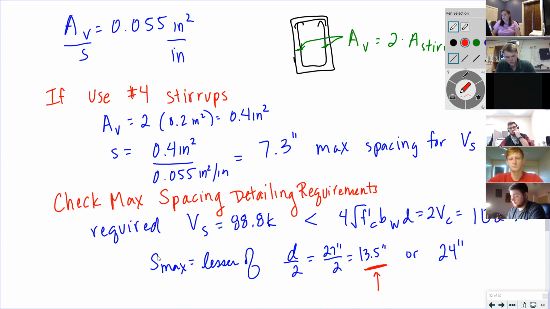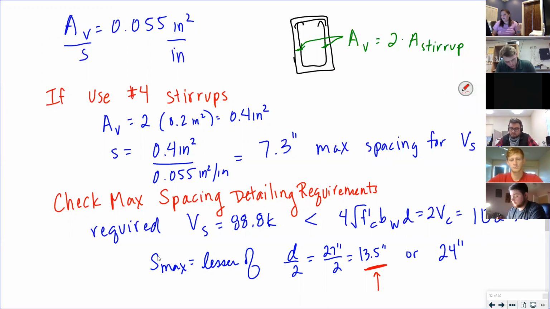And we said 7.5 at the ends, so we're fine at the ends. That's all based on that little table, 9.7.6.2.2.